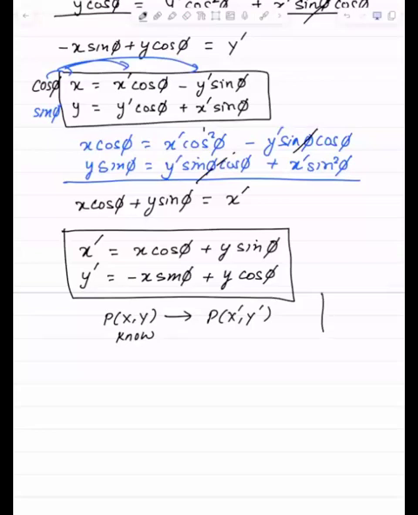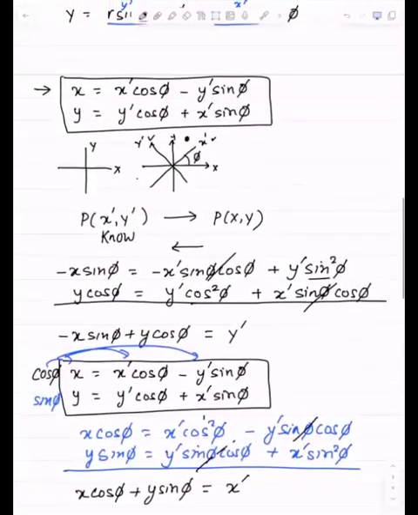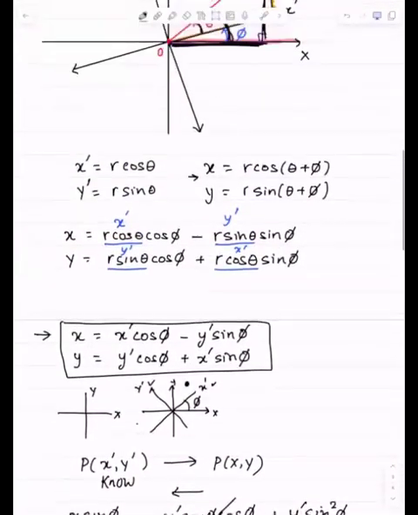And again, phi is the angle by which I rotate the axes, whatever the angle I rotated the axes by. So far so good.